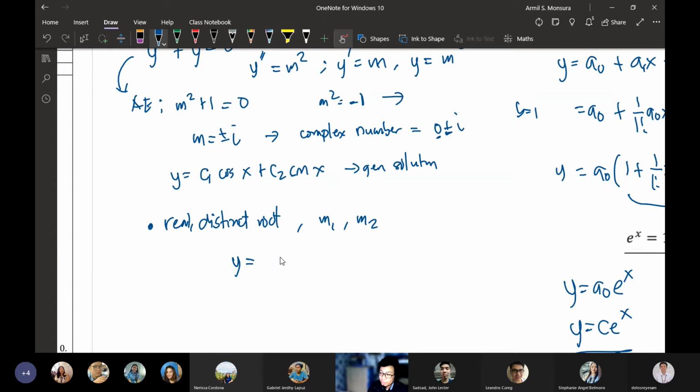So the homogeneous solution here is C1 e raised to M1x plus C2 e raised to M2x. For real and distinct roots, your solution is exponential.